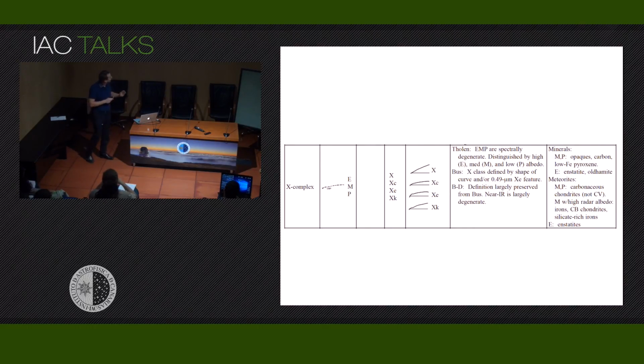we're talking about again opaques, carbon, pyroxene, enstatite, oldhamite. And then there is MP, M. Do we know anything about M? It's metal. Originally it was metallic, but we don't really know how much metals there are. E, enstatites. They showed very interesting photometric and polarimetric behavior just a moment ago.